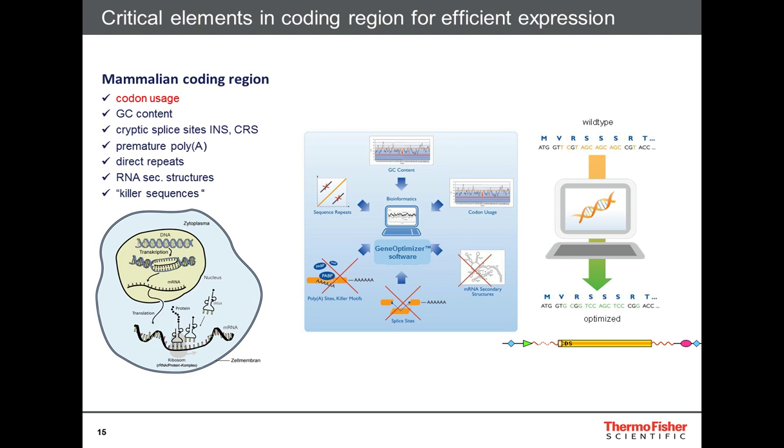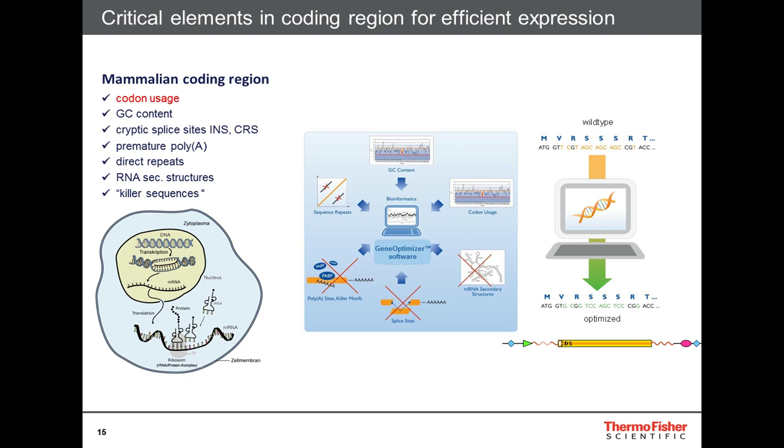Then, for example, cryptic splice sites may be an issue. If you express in a mammalian cell, it may be a cDNA or a gene from another species, then it may happen that there's a cryptic splice site and the mRNA is not processed correctly, and you end up with zero expression. There's actually a very famous example when they first tried to express jellyfish GFP in tobacco.